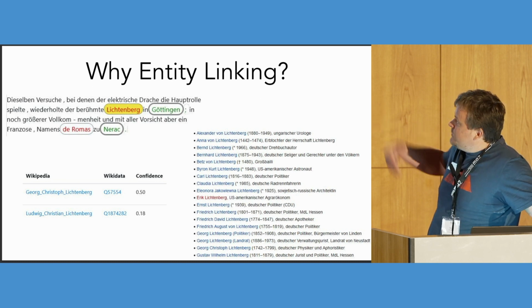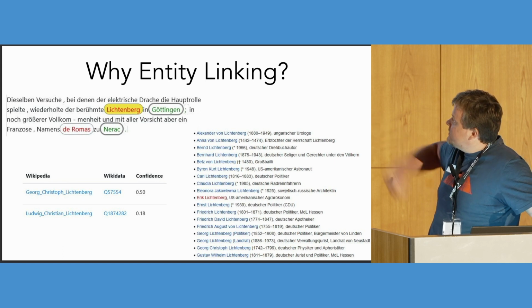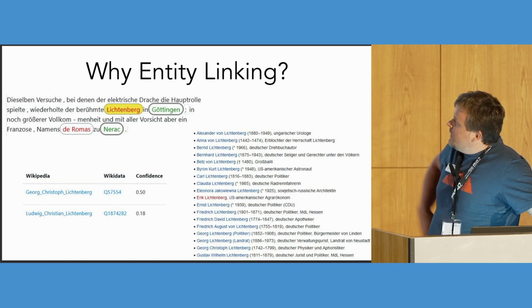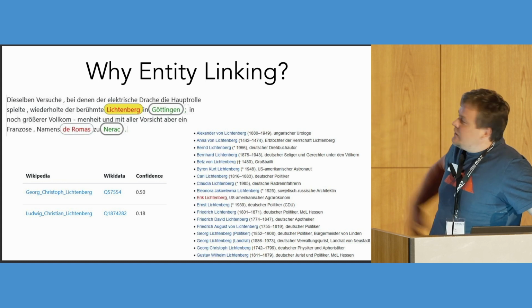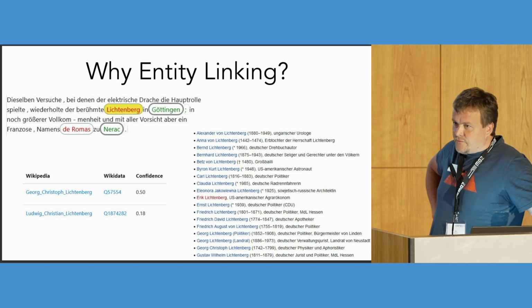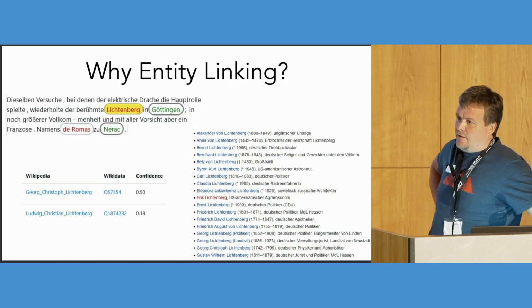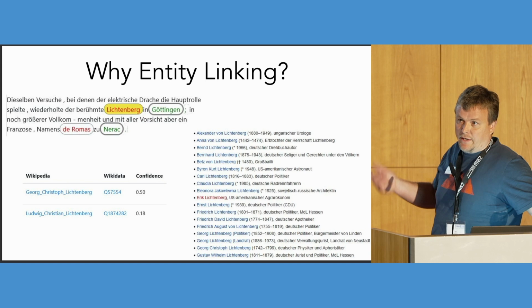But what we want to end up with in the end is some final list where it says, okay, with a certain confidence, this person is actually Georg Christoph Lichtenberg, and with much smaller confidence, it's rather Ludwig Christian Lichtenberg. And all the other Lichtenbergs in our knowledge base are even less likely to be the mentioned person. Or maybe one result could be that this is no well-known person and it's just some guy named Lichtenberg.